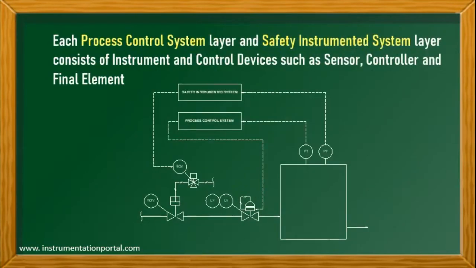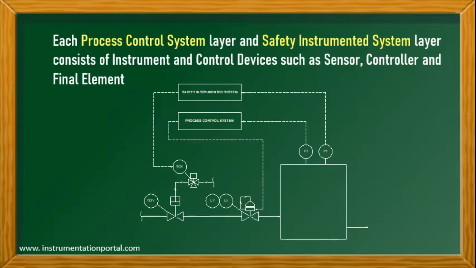Process Control System, or PCS, and Safety Instrumented System, or SIS, consist of sensors, controllers, and final elements. It should be noted, Safety Instrumented System and Basic Process Control System must be fully separated from the sensor up to the final element.